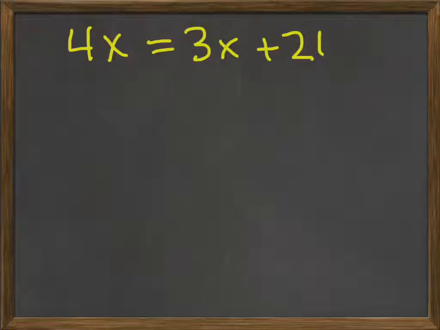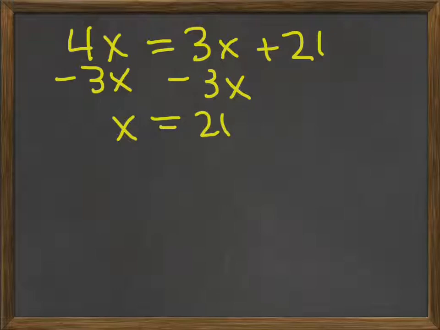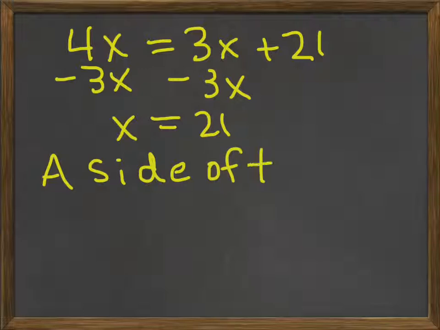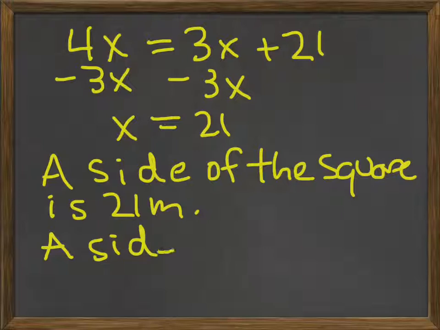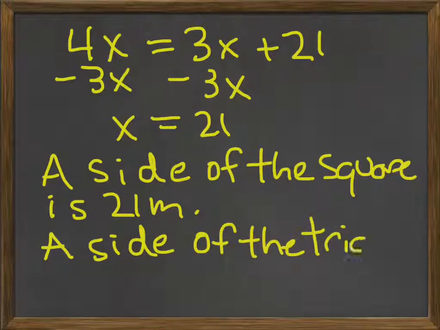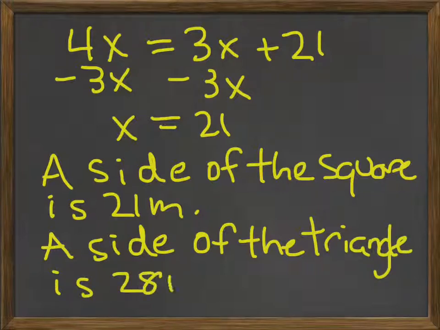I just added the x's and added the constants. And with just one more step of algebra, I can find that x equals 21, so a side of the square is 21 meters, and the side of the triangle is 7 more, which is 28 meters.